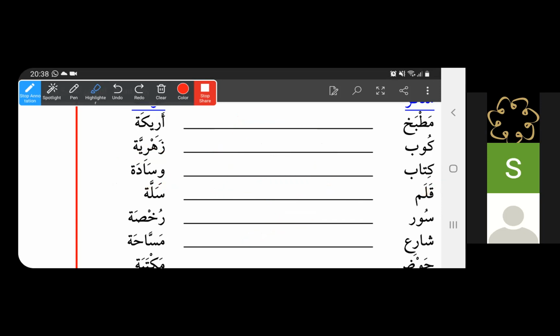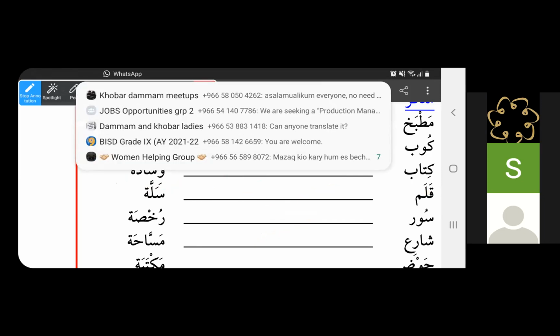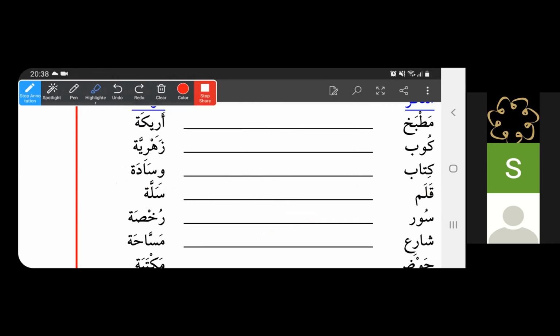Why is it وسادة? وسادة means to sit with the help of something. For example, أنا أستند بالجدار, I'm putting my back on the wall. أنا أستند بالكرسي, I'm putting my back on a chair. So from there comes وسادة, because it is giving you support at your back.